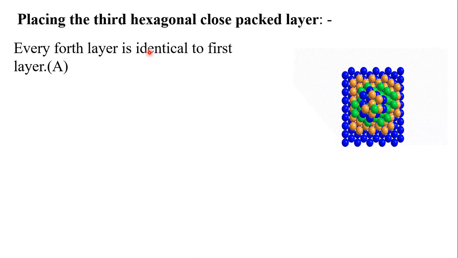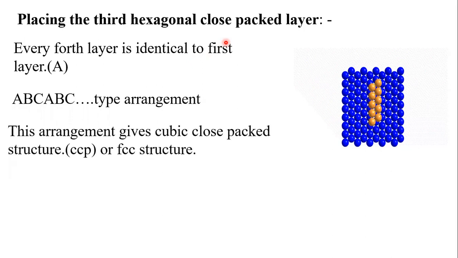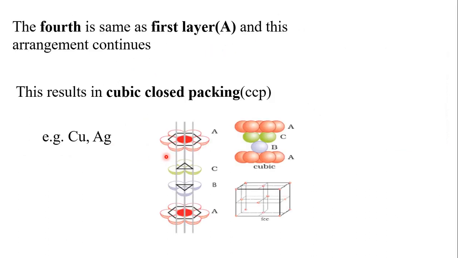ABC type of arrangement. That means every fourth layer is identical to the first layer. So the ABC type of arrangement gives a cubic close packed structure. It gives you what? Cubic close packed or the face centered cubic structure.